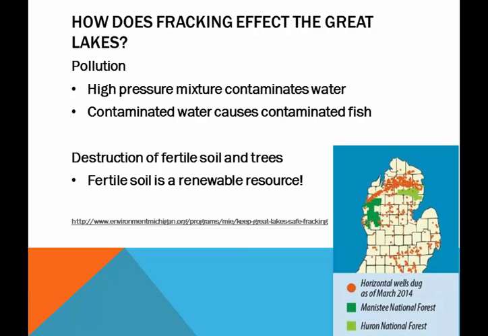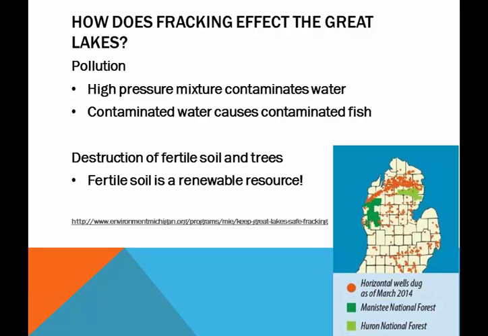So how does that affect us, and is that bad? It is bad because that high pressure mixture that fracking companies use contains chemicals that, when it's being flushed back out into the water and into the soil, it's contaminating and polluting it.